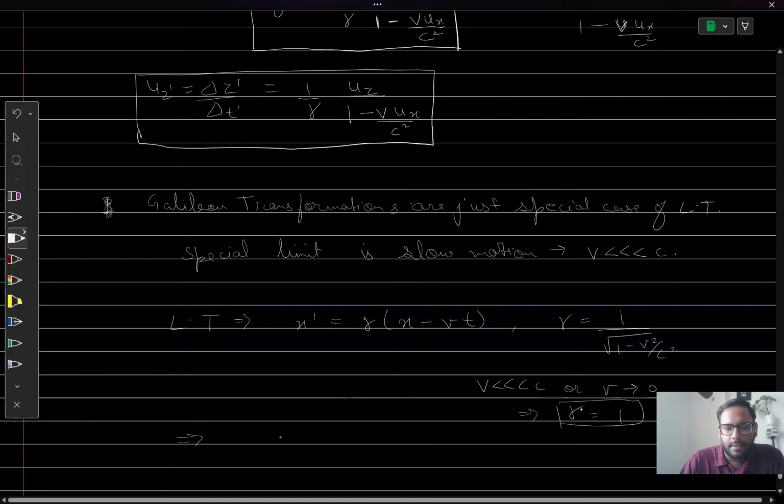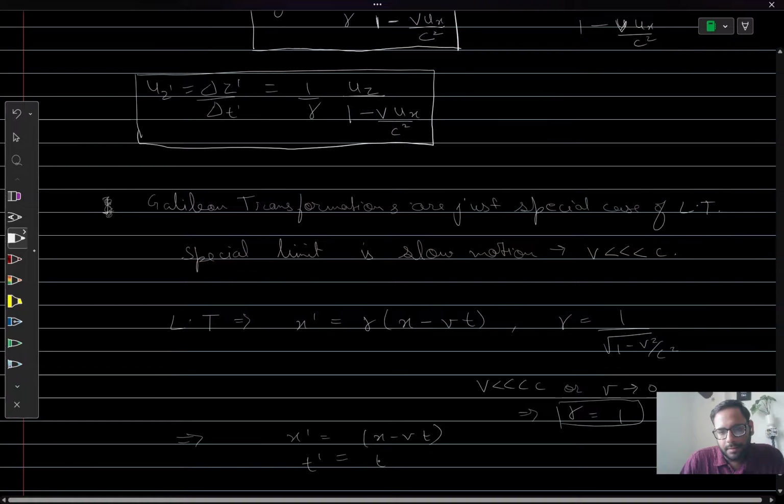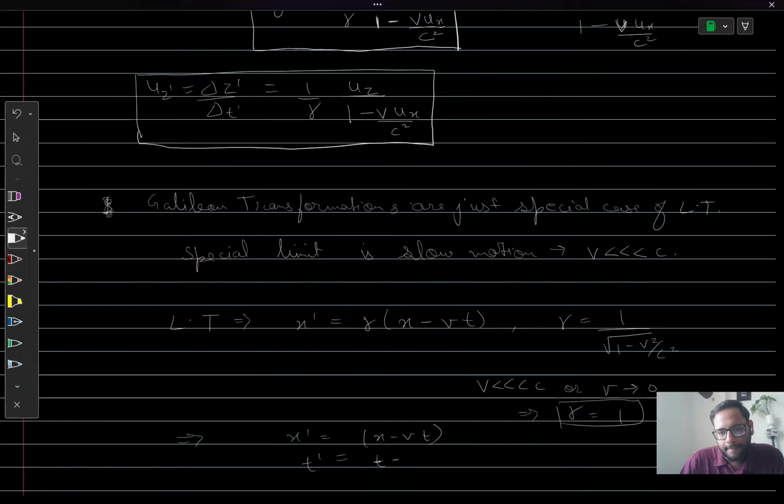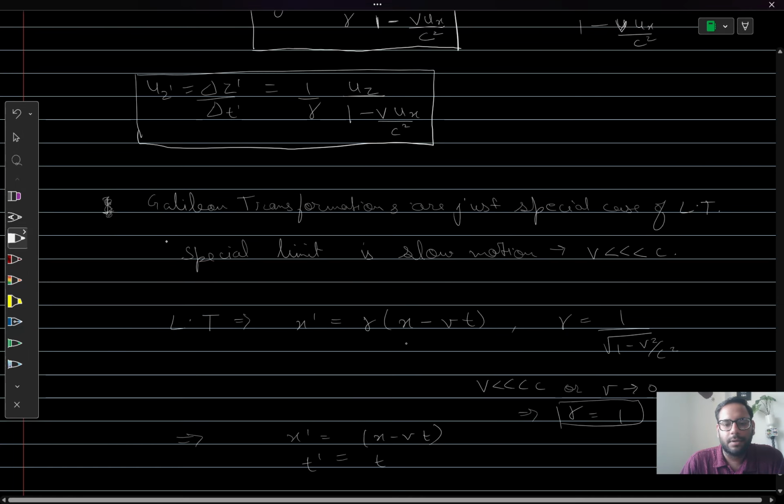And this will imply that your Lorentz transformation of the x coordinate has converted into your Galilean transformation. Similarly for the t coordinate also, because gamma is 1 and the v by c squared x term will also be neglected. So you can say in this limit, this is simply your Galilean transformations.